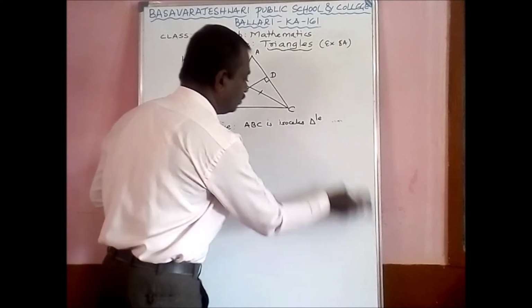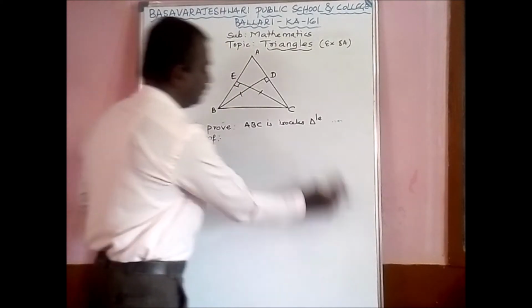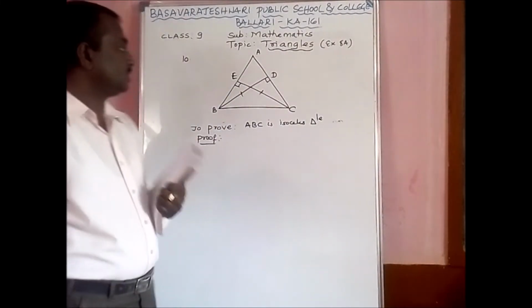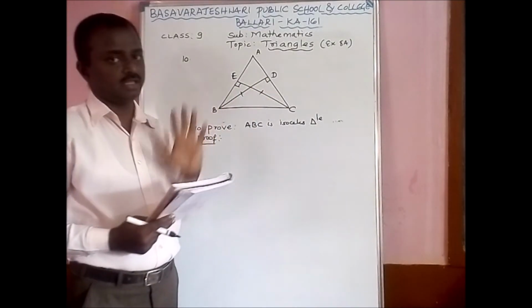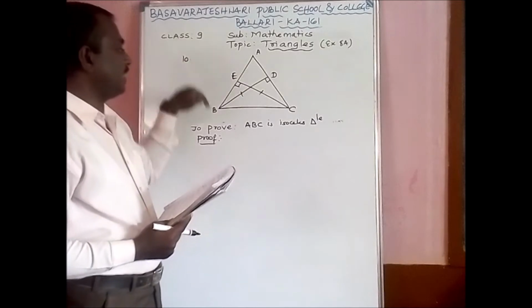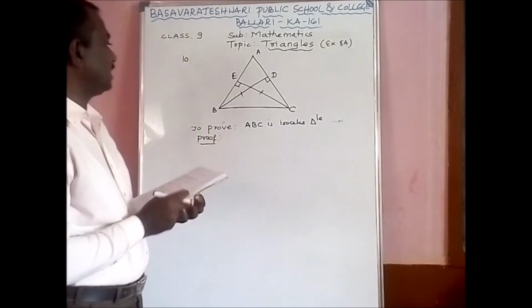That we have to prove here. Okay, we will prove it. They are saying that the altitudes BD and EC are equal. So we have to prove that ABC is the isosceles triangle.